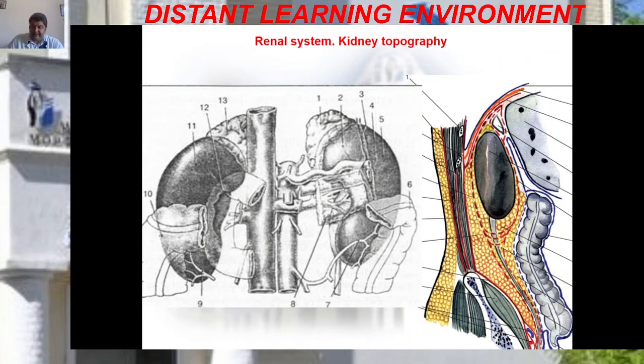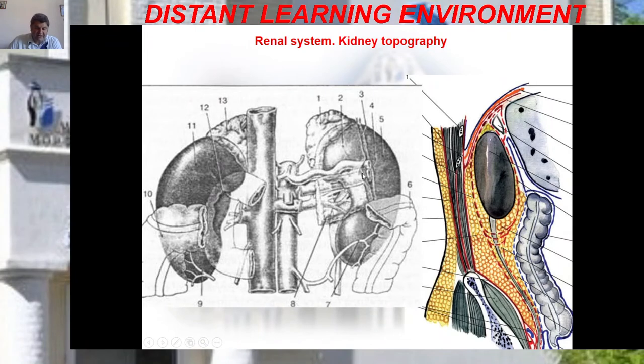The kidney is a bean-shaped organ. Its surface is smooth and dark red. In the kidney are distinguished the upper and lower ends or poles or extremities, lateral and medial margins, and the anterior and posterior surfaces.